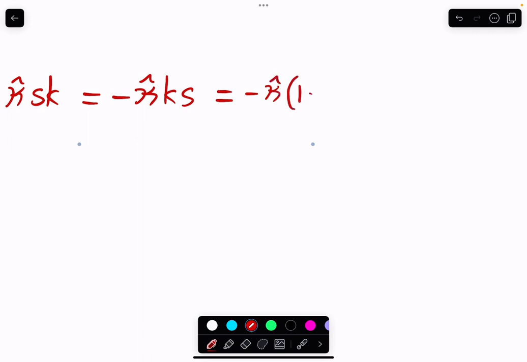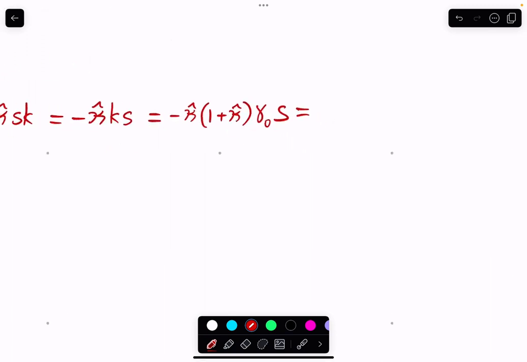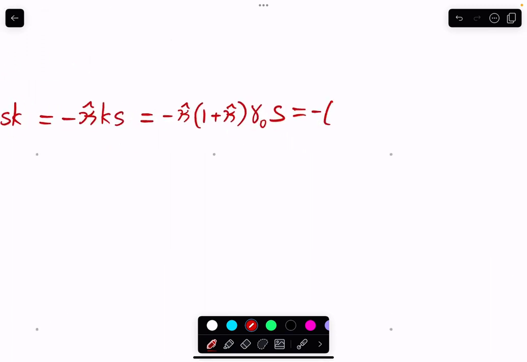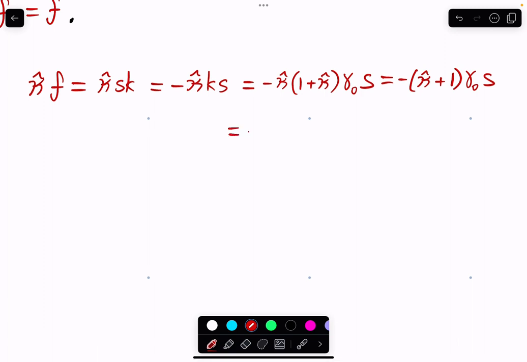So k is 1 plus kappa, gamma naught s, which, expanding this through, gives negative, and then you end up with kappa plus kappa squared, which is just 1, then gamma naught s, which is just equal to negative ks, which is equal to ks, which is equal to f again.